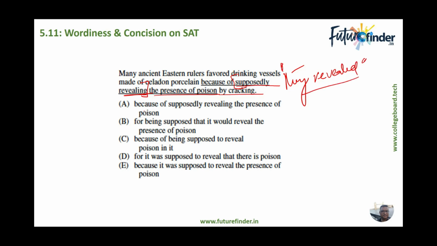Let's look at the options. Because of supposed, so A is incorrect. For being, again the same thing. For being supposed, no. Because of being supposed to reveal, definitely not. For it was supposed to reveal that there is poison could be a possible answer. D could also be a possible answer, because it was supposed to reveal the presence of poison.